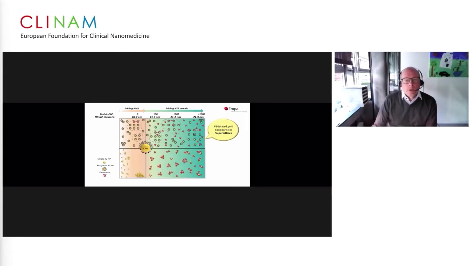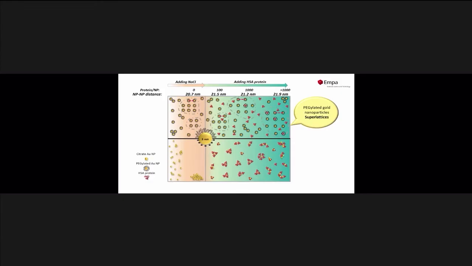As a counterpart, we did the same experiments with citrate stabilized gold particles. And as soon as we add the salt, we immediately have precipitation, and the measurement does not allow us to see exactly what happened. We only see the very early events, and afterwards everything precipitates in the capillary, and the measurement becomes very difficult.